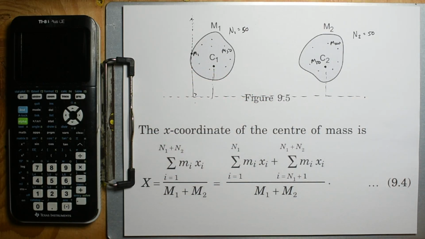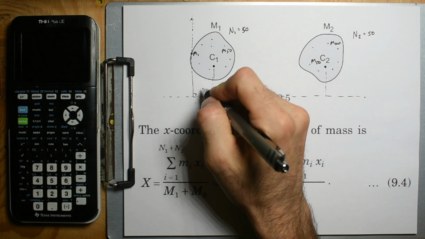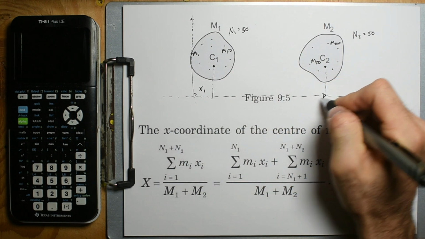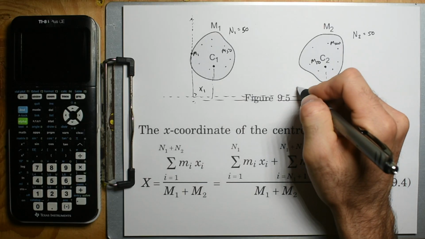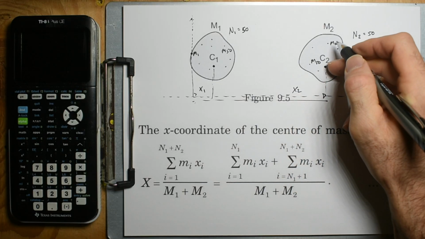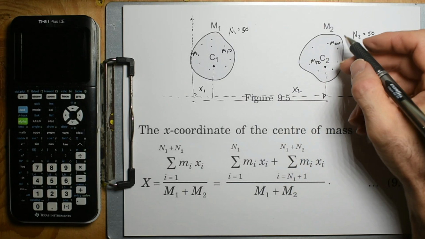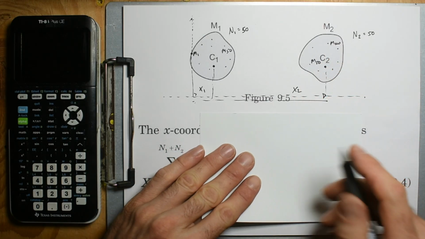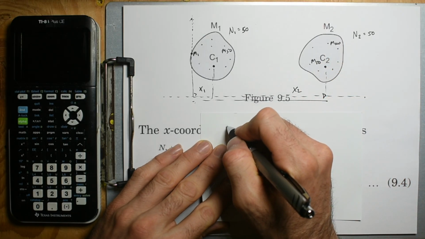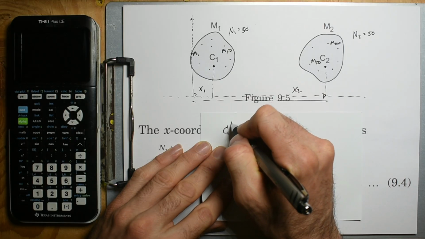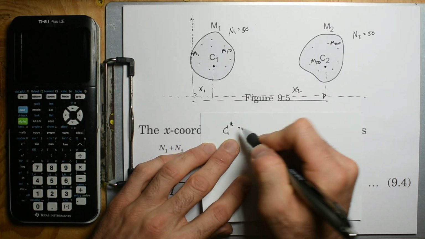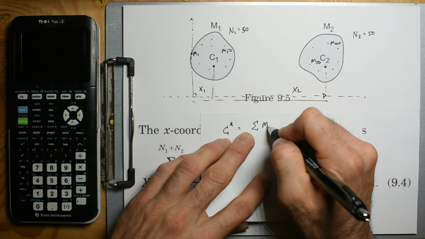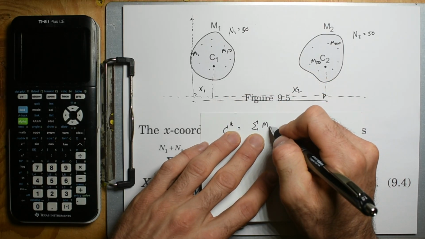But what this says is that if I find this distance x1 to there, and this is the distance x2 to the center of there, then what I can do is take the center of mass for the whole system. It's going to be the summation of, well, it's just going to be m1.